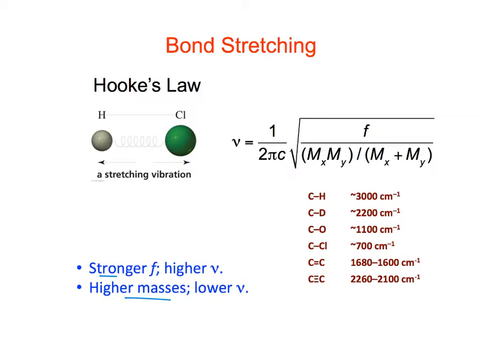Here's a few examples. So if we go from a carbon-hydrogen stretch to carbon-deuterium, right, we increase the mass, and so then the frequency goes down. If we go to carbon-oxygen or carbon-chlorine, we're increasing masses, and so the frequencies continue to go down.